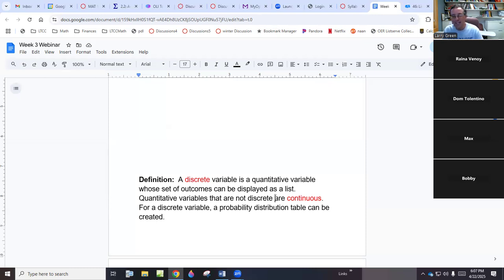Let's see if you can post in the chat box one example of a survey question that would have a discrete variable where the answers will be, and one that will be a continuous variable where the answers will be. Make them simple. You don't have to make them too hard.